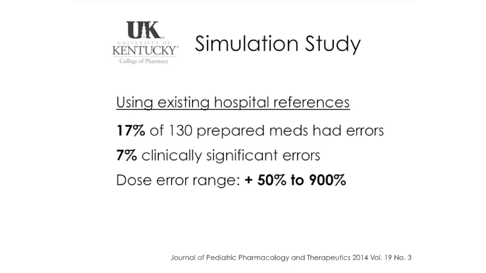And then they gave these doses to the children, and the error rate was pretty phenomenally high. 17% of all drugs administered had errors, and amazingly, 7% had errors that were at least 50%, up to 900%. Think about that, 7% when these nurses were using their own tools, the error was at least 50%.